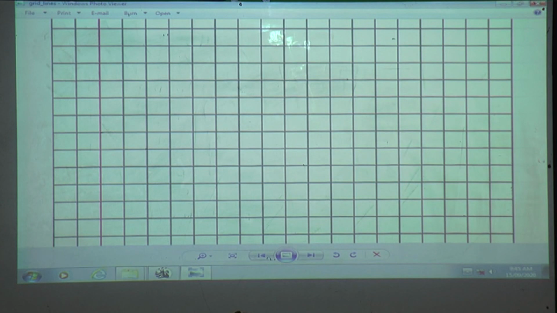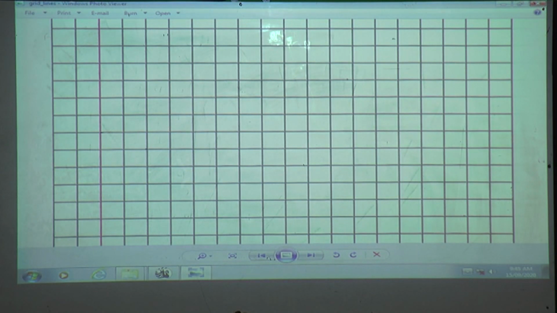If 5 stalls cost rupees 675, how much does each stall cost? See, 5 stalls cost rupees 675. How many stalls are there? 5 stalls they have to take.